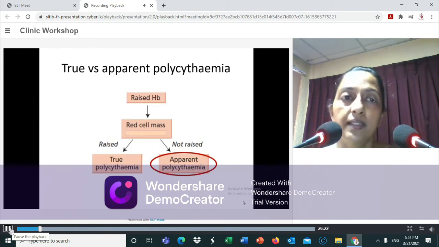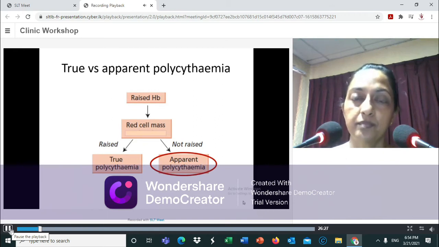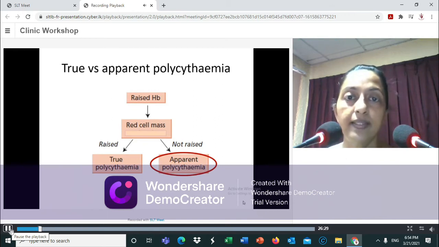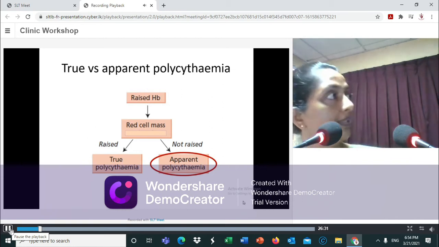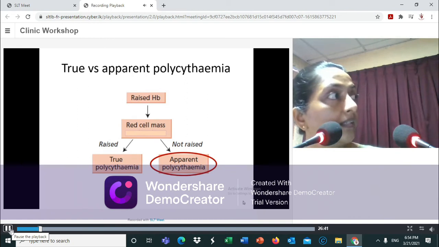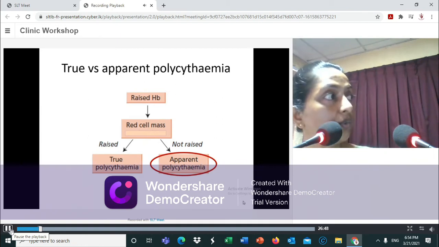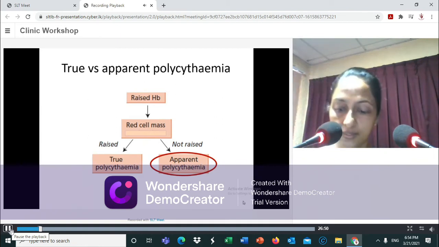Then a word about true versus apparent polycythemia. When you have raised hemoglobin or hematocrit, if the red cell mass is raised, you call it true polycythemia. If the red cell mass is not actually raised, but your hemoglobin and hematocrit are raised, you call it apparent polycythemia.